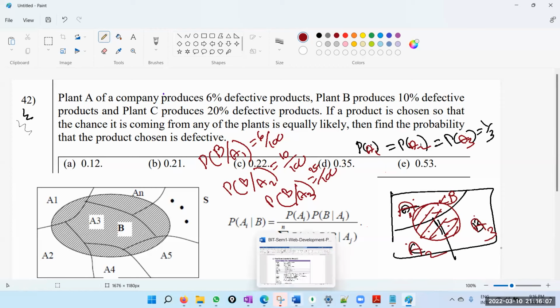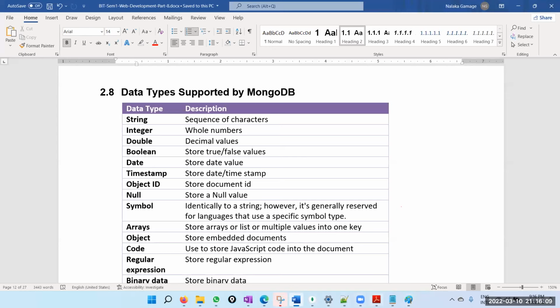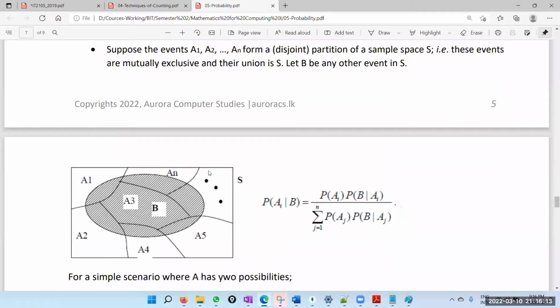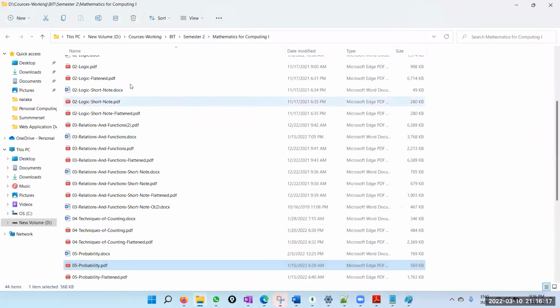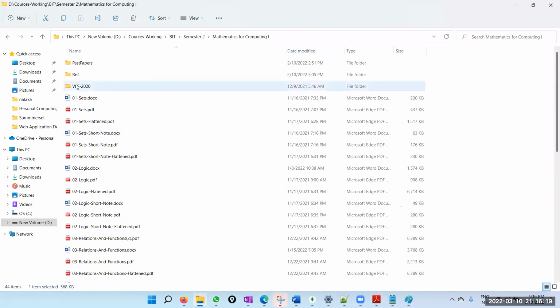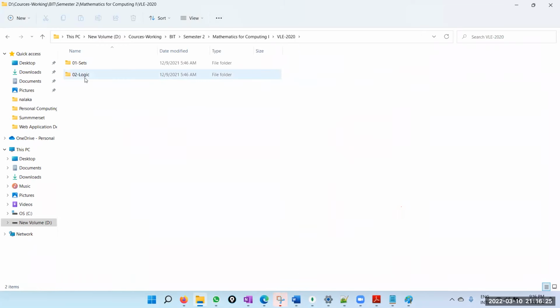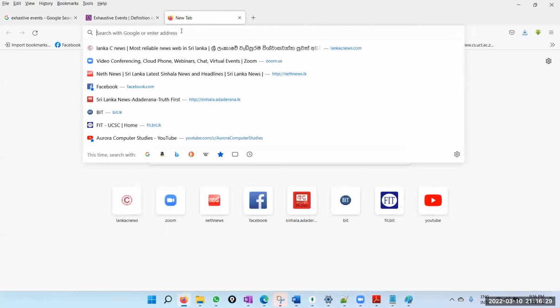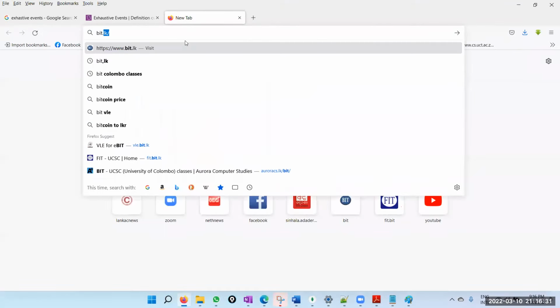Let's double check whether it's mentioned in your syllabus. It looks like we have used total probability. Have they published the probability note? BIT.lk.